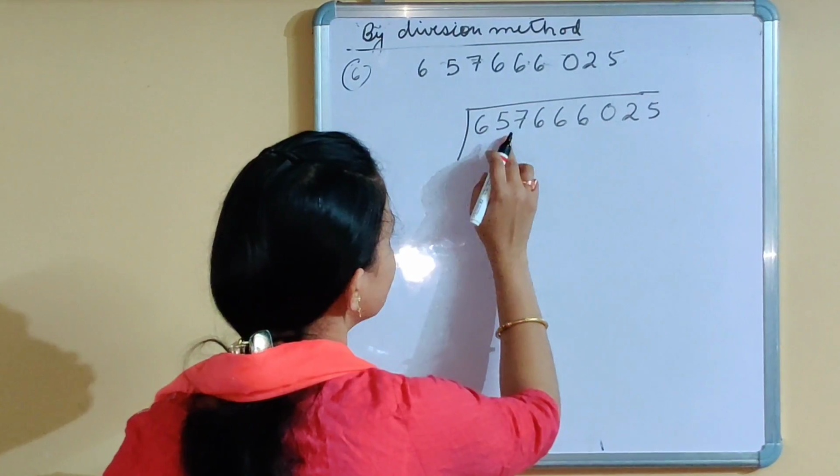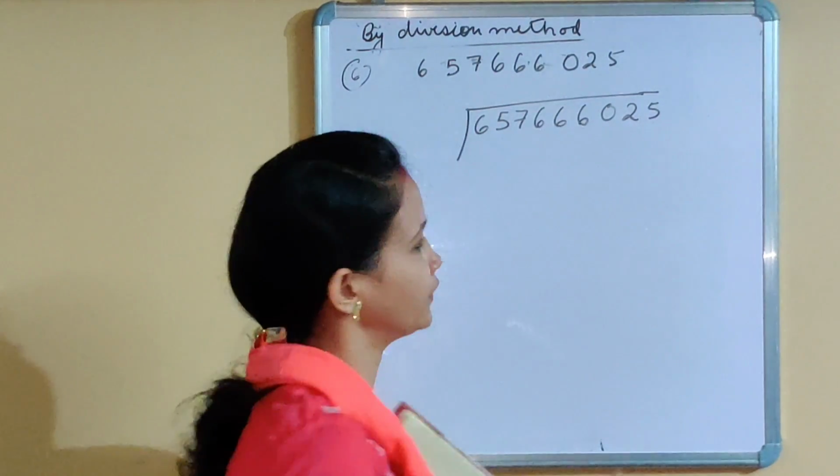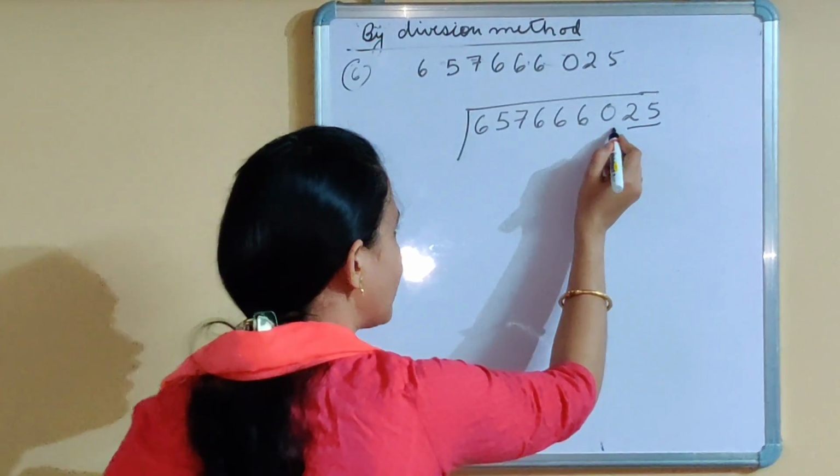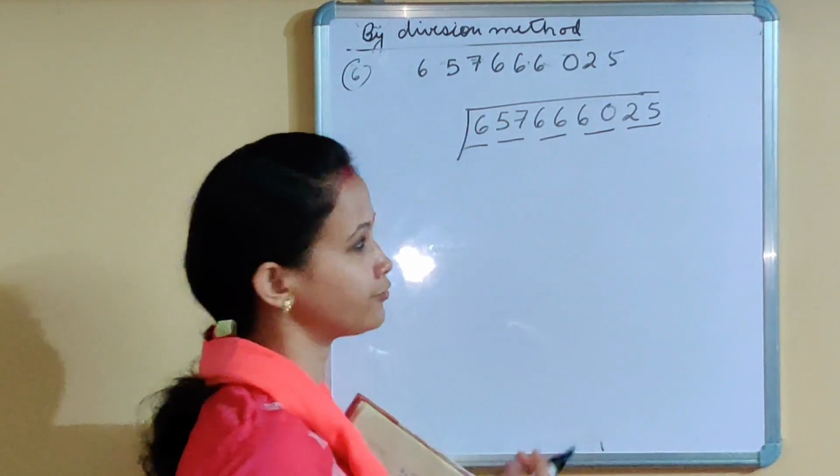So how many digits? 1, 2, 3, 4, 5, 6, 7, 8, 9. It's a 9-digit number. No matter, we again start pairing from the back side and the 6 is left.